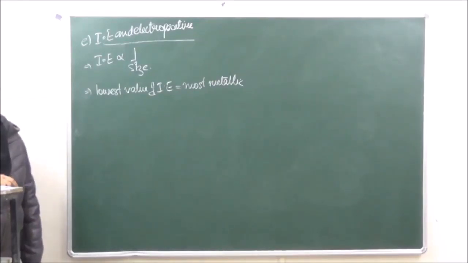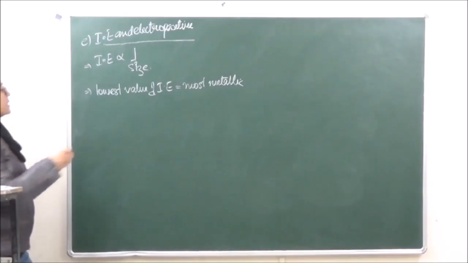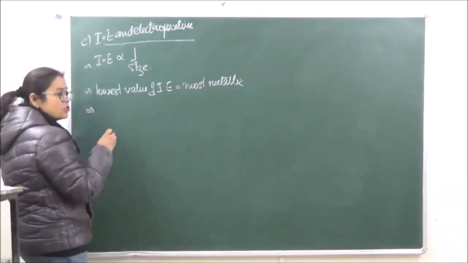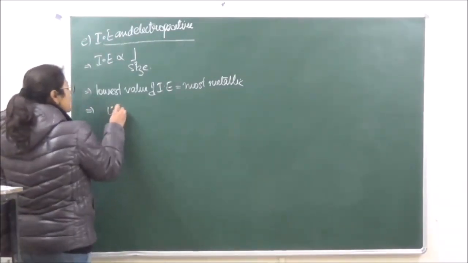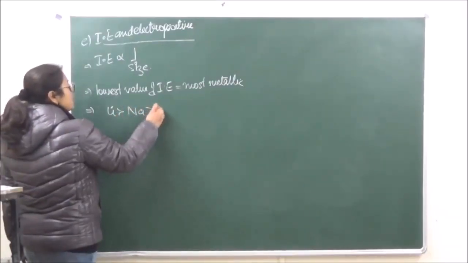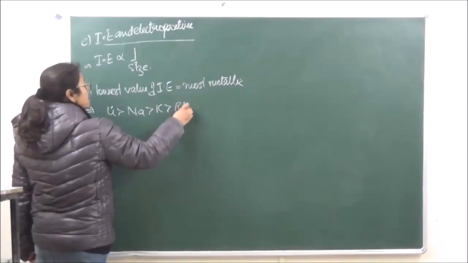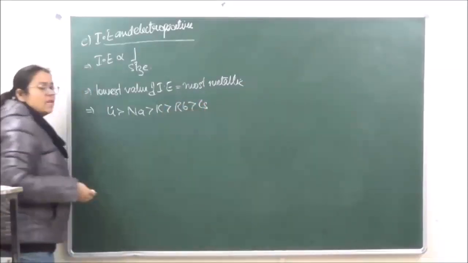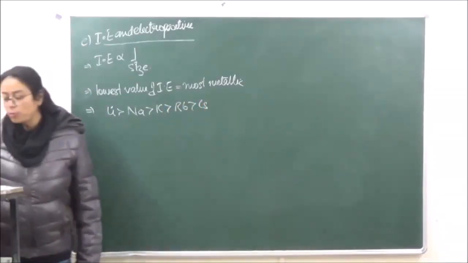Now over here it is seen that as we keep going down the group, what is happening to atomic size? It is increasing. Therefore, for the trend of ionization energy, lithium will have the highest value of ionization energy, and hence the energy keeps on decreasing as we keep moving down the group. Okay?